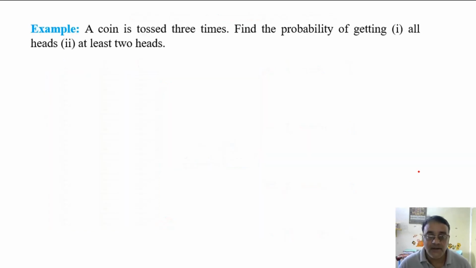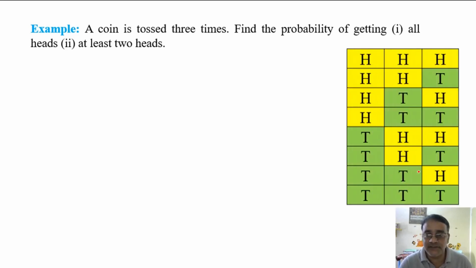Okay. A coin is tossed 3 times. Now if a coin is tossed 3 times or 3 coins are tossed simultaneously, both are considered as same experiment. We have to find the probability of getting all heads, at least 2 heads. So first of all, ये एक रफ हम लोग बना लिए वही वाला.